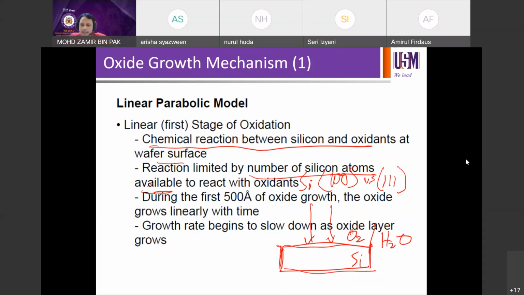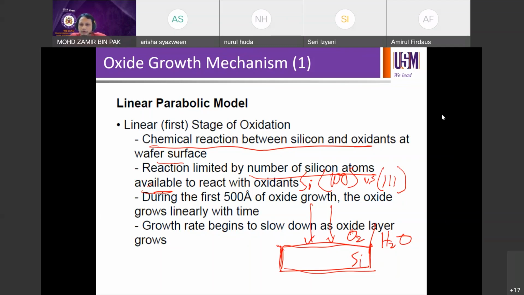Amiro 111. Kali, what do you think? 100 or 111? Alia 111, okay. Others? Sari, Iziani? So we have three 111s, two 100s. Any other? Four 111. Okay.